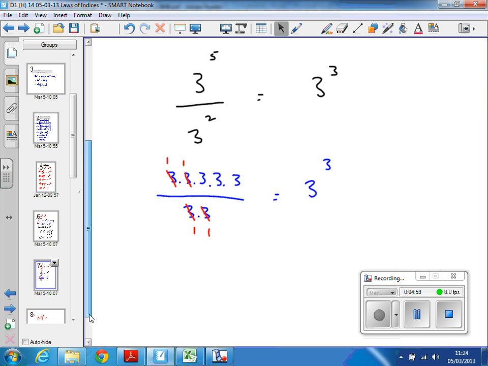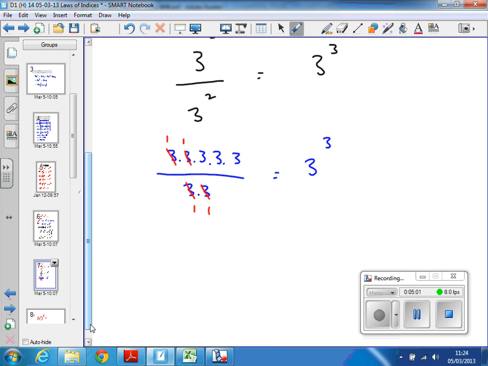What about 4 to the power 2 divided by 4 to the power minus 3? What would that be? No. Top one, subtract the bottom one. 2 minus 3.